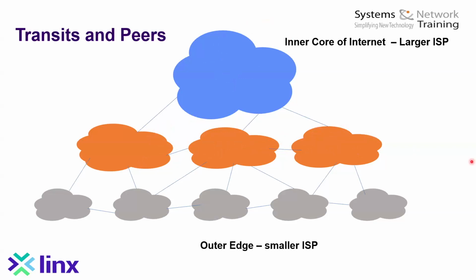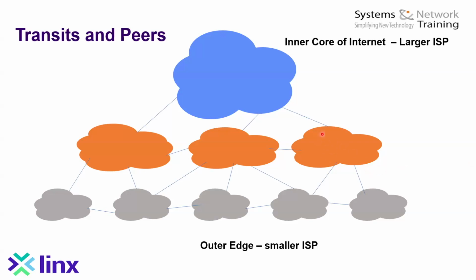So the size does vary. Now, ISPs can purchase a commercial transit service from an upstream service provider, so that they can get access to the core of connectivity, if you like, in the internet.